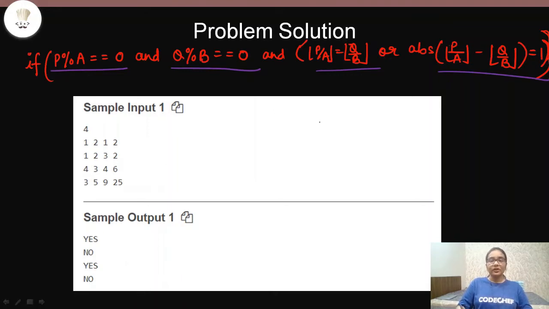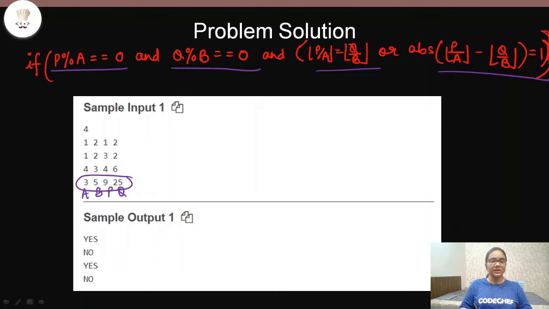For your example, I have also taken this sample input and sample output. Here we will try to see 1 or 2 examples. Let us pick up this last example first. This sequence is given in A, B, P and Q. Let us check if P is a multiple of A. 9 modulus 3 will give us 0.